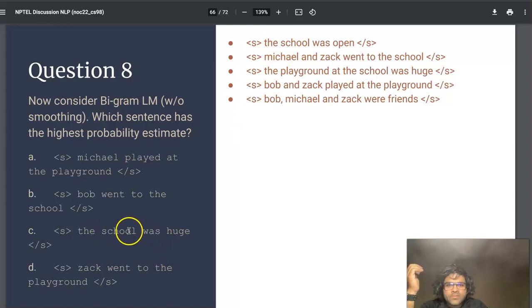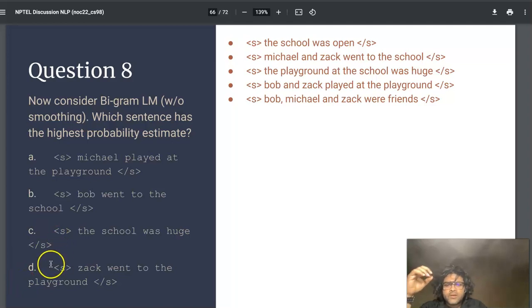Probability of was given school, yes, in the first sentence it is there. And huge given was, in the third sentence you can find huge given was. And given huge, the end tag, you will also find in the third sentence. So option C is possible.